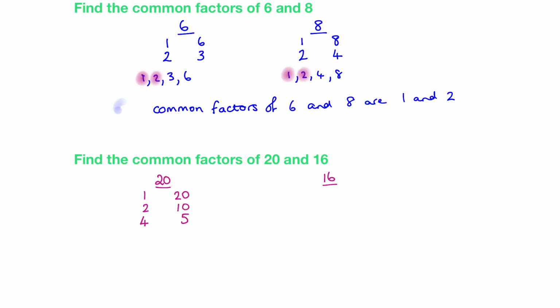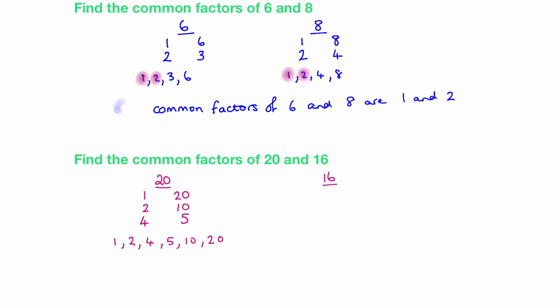The next number to try here would be 5, but we've already got it. So we know that if we go in this order, we can list all the factors of 20. So 1, 2, 4, 5, 10 and 20.